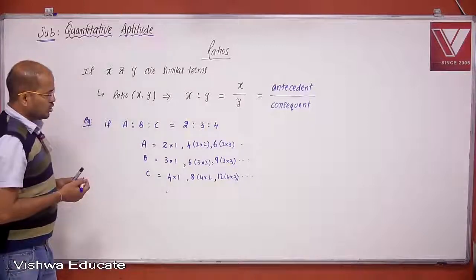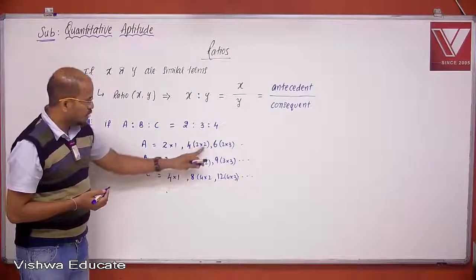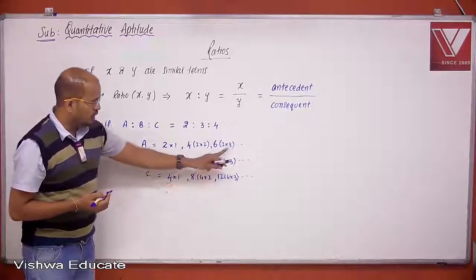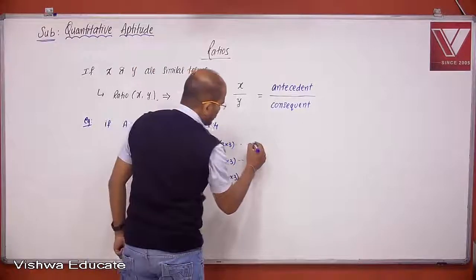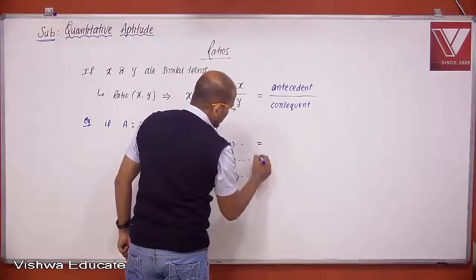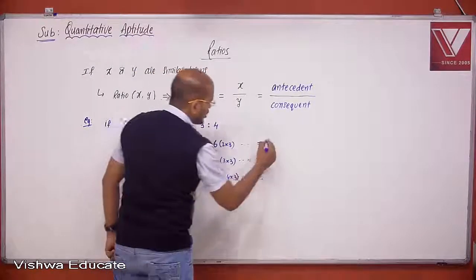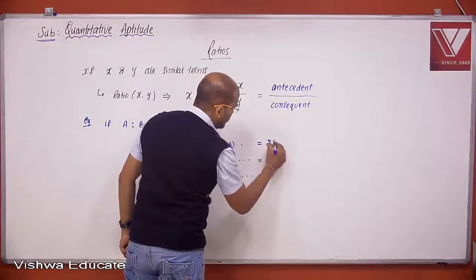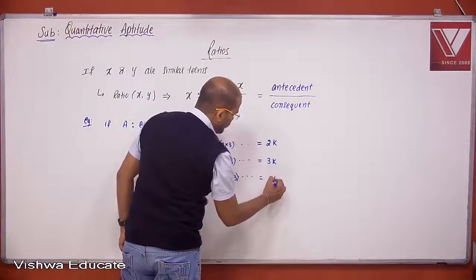So what do you observe now? Times 1, times 2, times 3. So finally, the value of A, B, and C will be some 2k, 3k, and 4k.